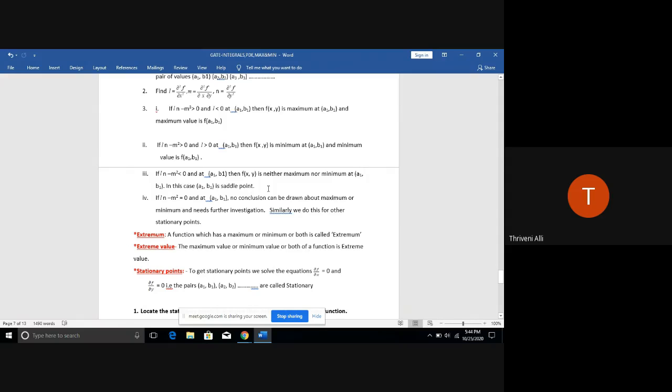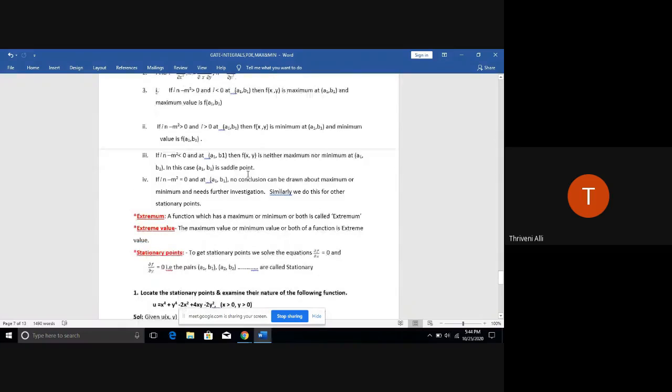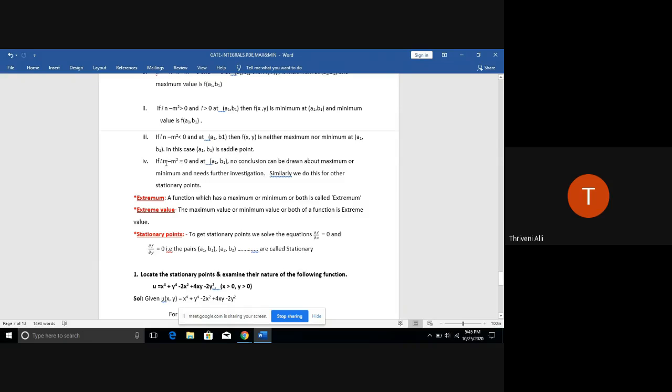In this case (a1, b1) is a saddle point. The function which has neither maximum nor minimum is called a saddle point. If LN minus M square is equal to 0, it fails to decide. Okay.